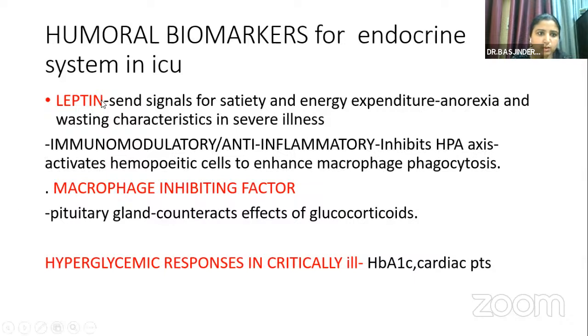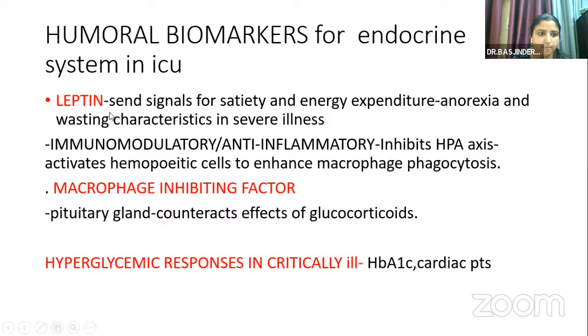Only 2-3 biomarkers have been studied till now as humoral biomarkers of immunity, as we have learned that all these three systems go side by side: endocrine, nervous, and immune. So from the humoral level, what biomarkers are available to judge the efficiency of the endocrine system in the ICU?